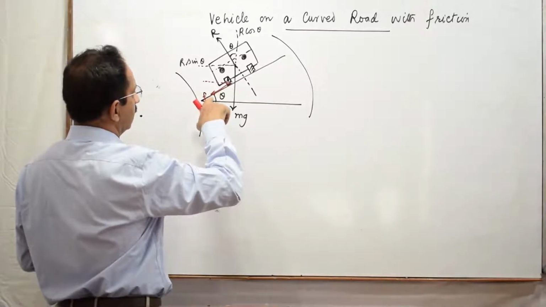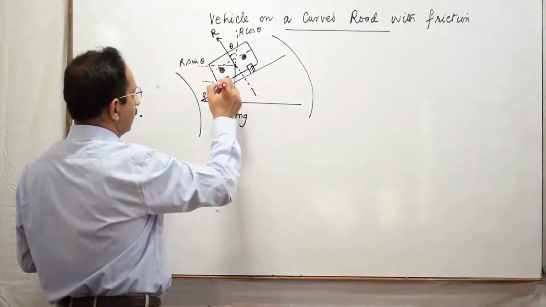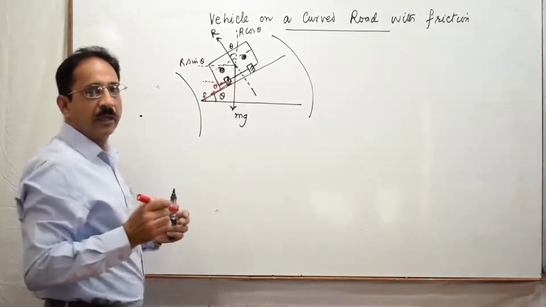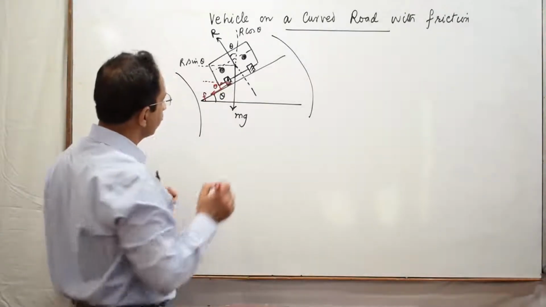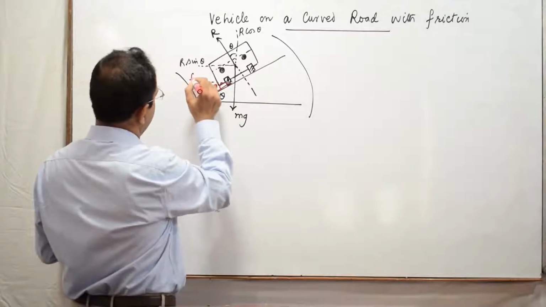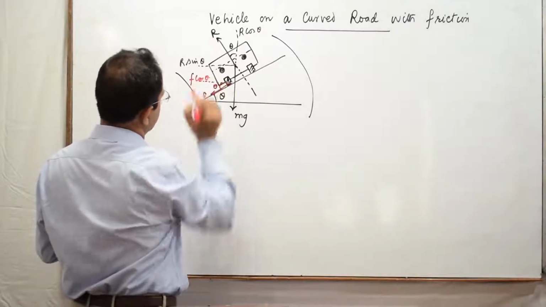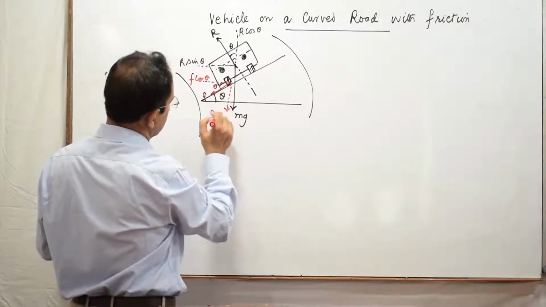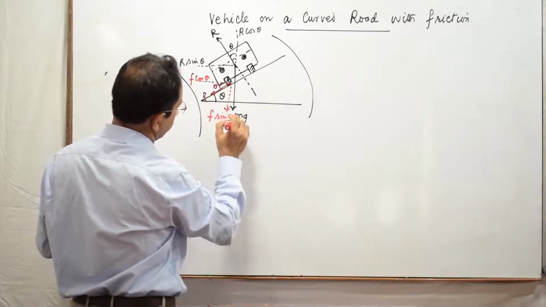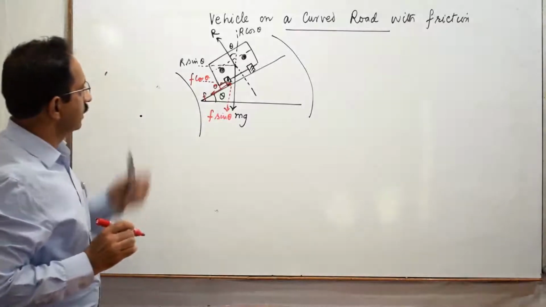You will agree that this angle and this angle are equal, since they form an alternate pair. So this gives F cos theta as one component, and the other component is F sin theta.